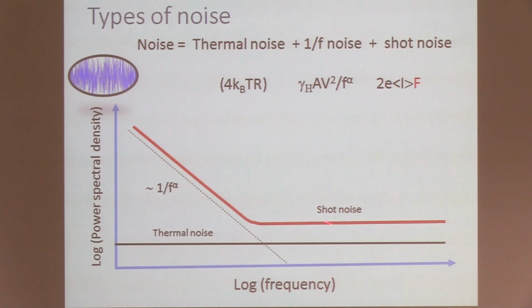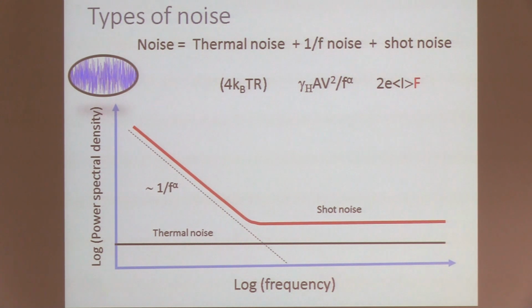This graph shows the three types of noise. Thermal noise is intrinsic to any material. Its magnitude is 4 kB T R, it depends on the resistance and temperature, and it does not depend on the frequency.